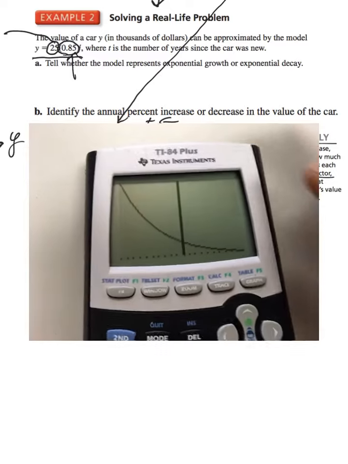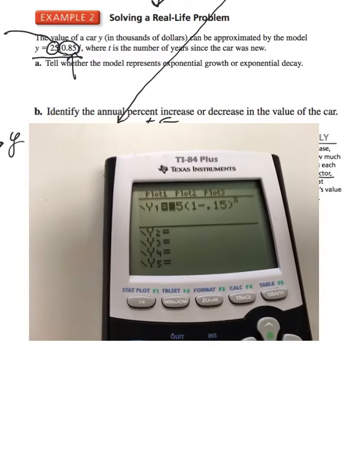I don't know what happened there, but it looks like it just stopped working. But first off, let me just show you how I put the equation in.